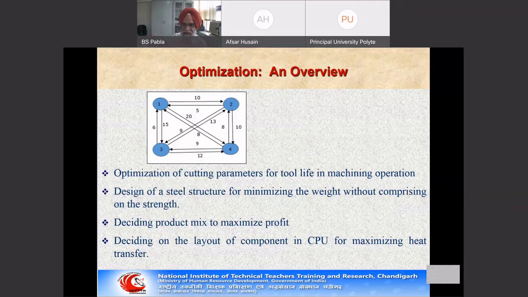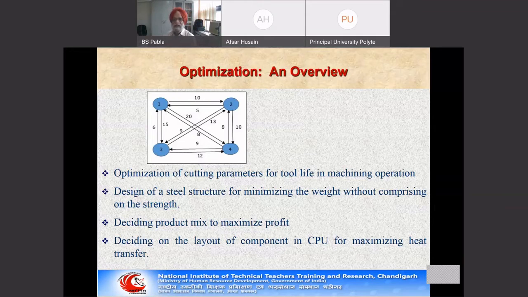Let's say there are machines 1, 2, 3, 4 in the line. From 4 to 3, I want that there should be no component coming or a minimum number of components coming. So how do I do this? I do line balancing, whatever jugglery I want to do, and basically it results in maximization or minimization.